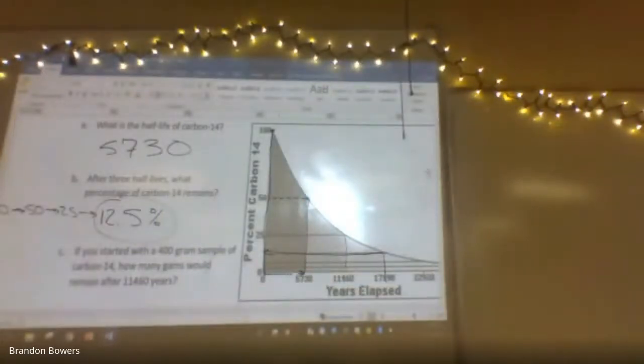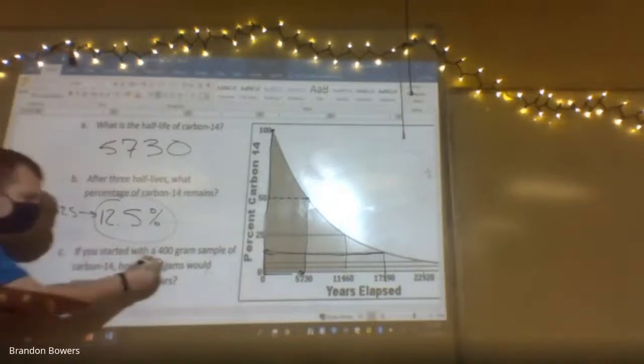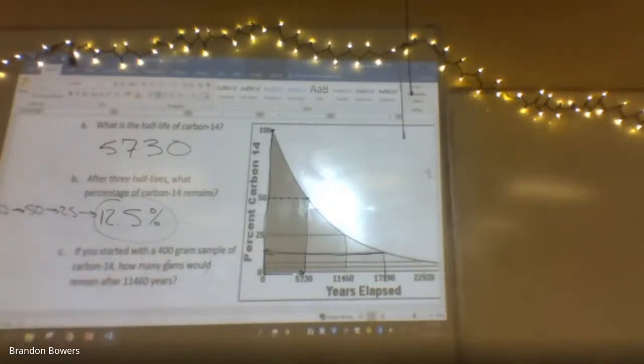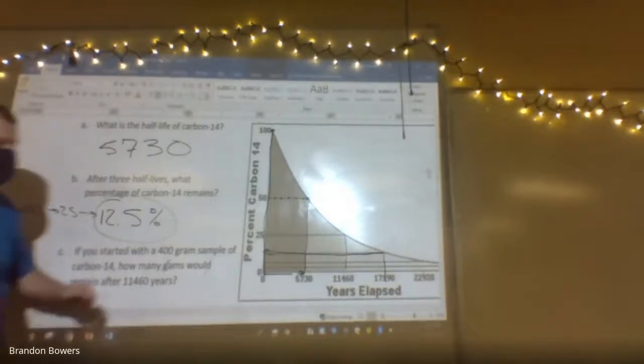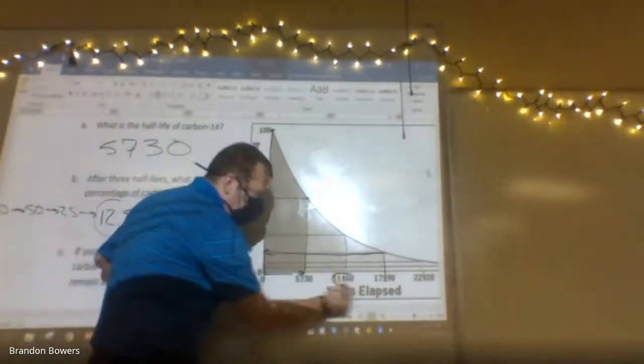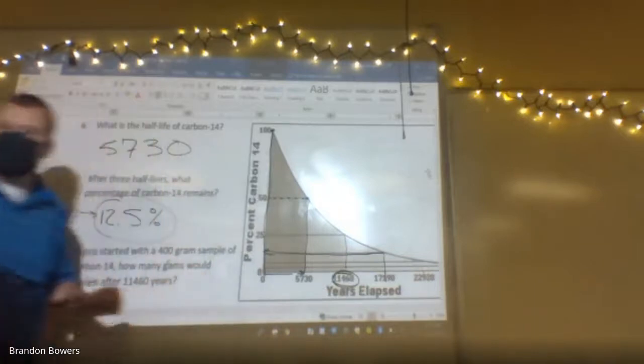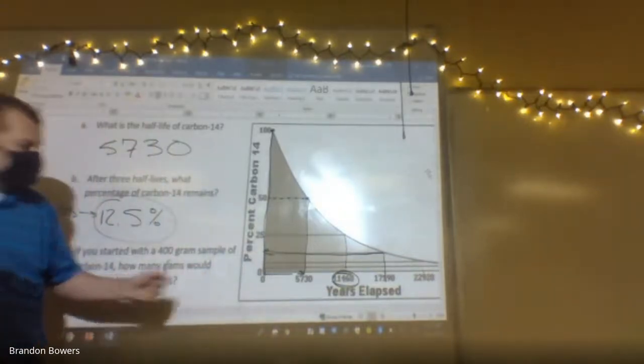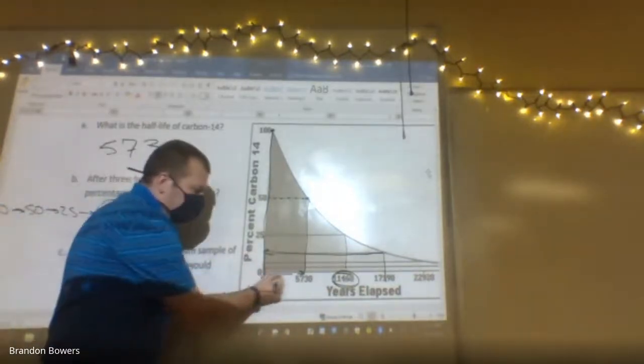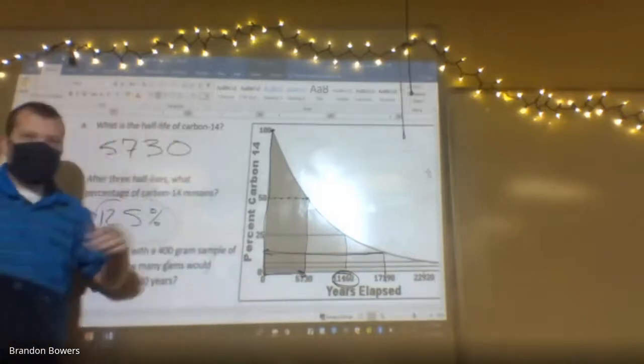If you started with a 400-gram sample of carbon-14, how many grams would you have after 11,460 years? If this was one half-life, that would be 2 half-lives.